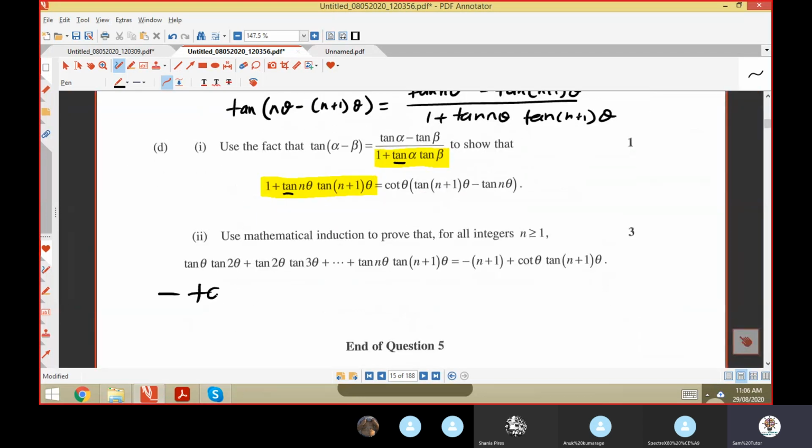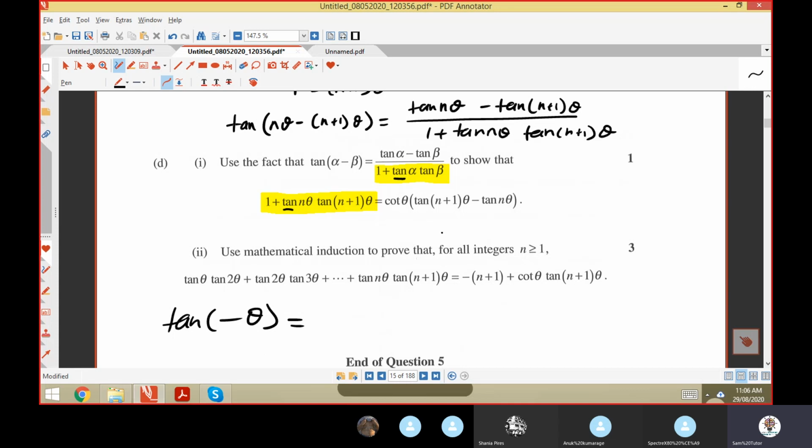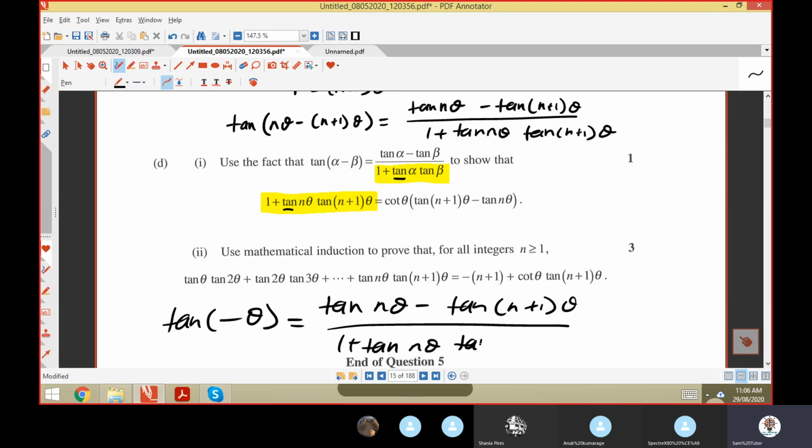We'll be left with negative tan theta equals tan n theta minus tan n plus 1 theta over 1 plus tan. Now we know this denominator is going to move to the left-hand side, and then my left-hand side is going to move to the right-hand side.